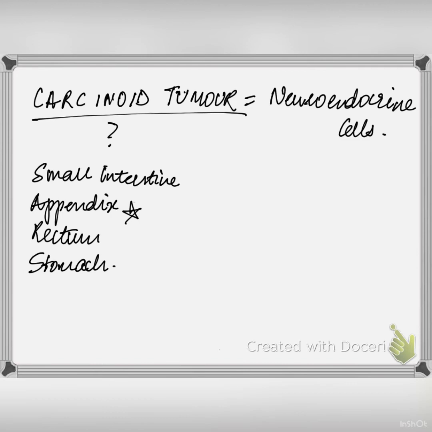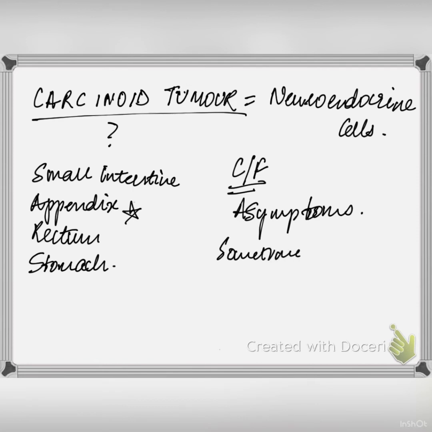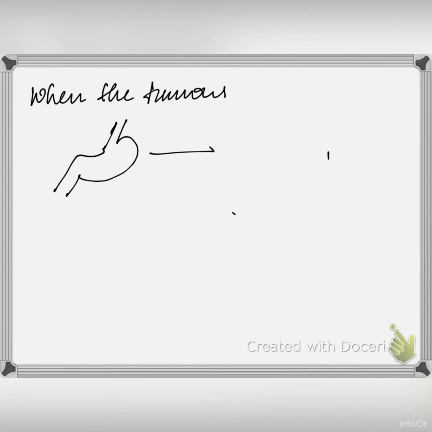Now let's see how people present. The clinical features: usually it is asymptomatic, so they don't have any symptoms, so it's very tough to detect. But sometimes there is abdominal pain. Mainly, the symptoms start when the tumor metastasizes from the stomach to the liver.